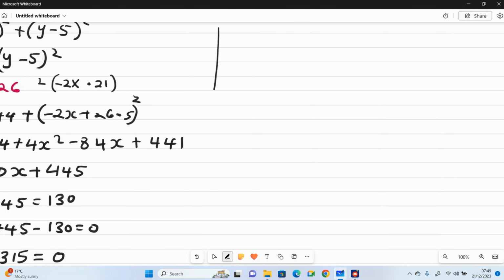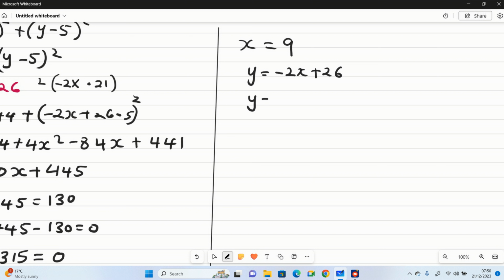So here we will say that our value of x is 9. You can substitute in any of the equations, either the equation of a line or the equation of a circle. So let's use the equation of the line, which was y equals negative 2x plus 26. To get our y coordinate, we'll substitute 9 here, and therefore we'll have y equals negative 2 times 9 plus 26, and this is giving us 8.